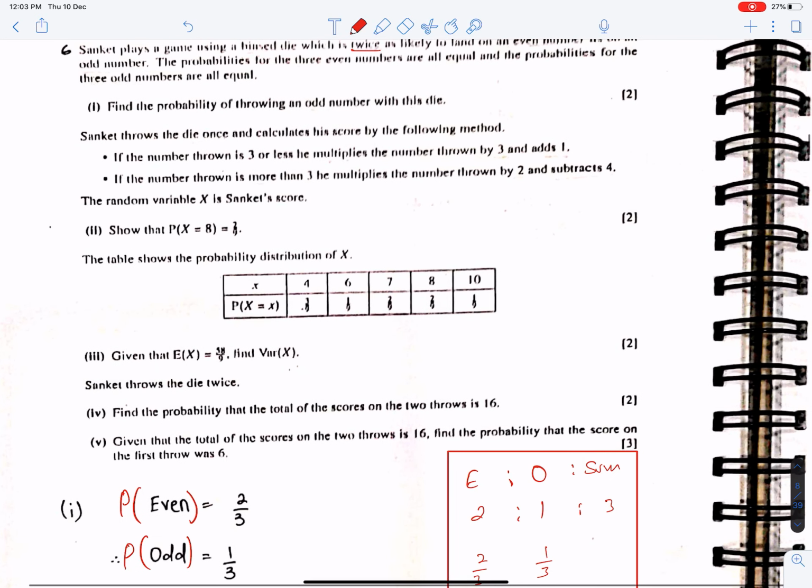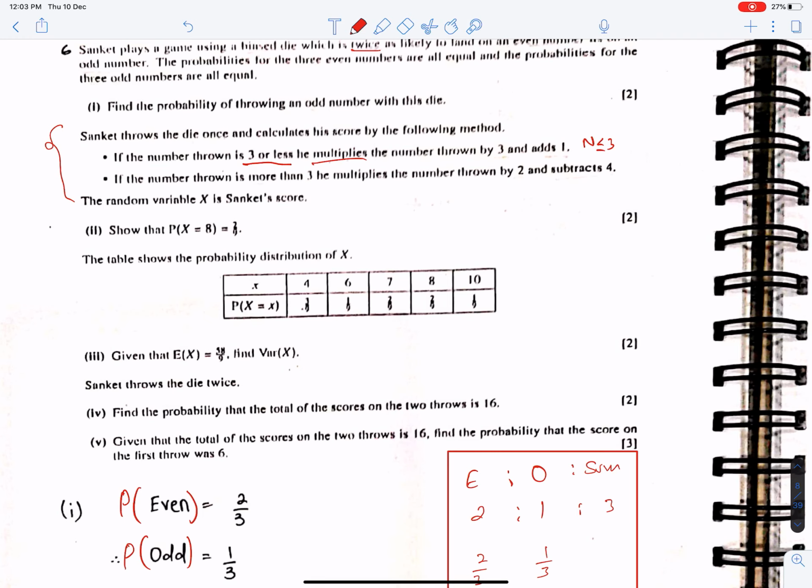Now the question part 2. Before going on to part 2, we just need to understand this thing. Sankit throws the die once and calculates his score by the following method. If the number thrown is 3 or less, like if n is 3 or less, then he multiplies the number by 3 and adds 1.